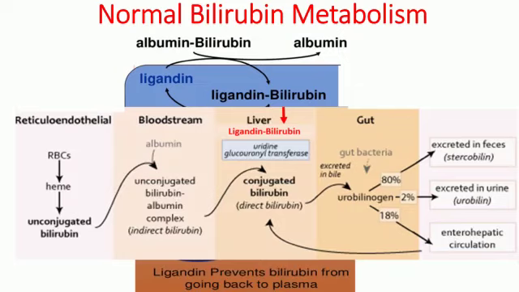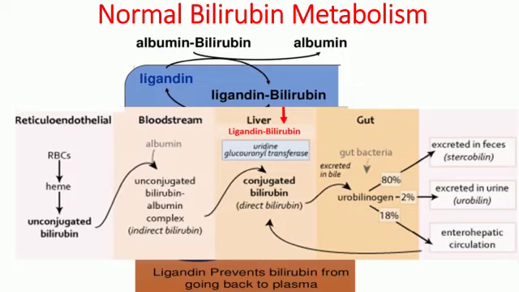Now it goes into the gut, and in the gut it loses the glucuronic acid groups by the action of gut bacteria, the microflora of the intestine, and converts into first unconjugated bilirubin and then urobilinogen.